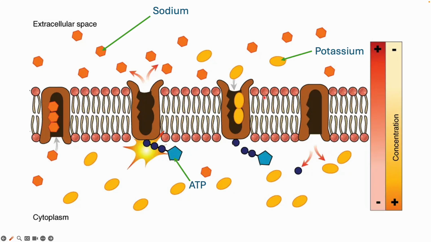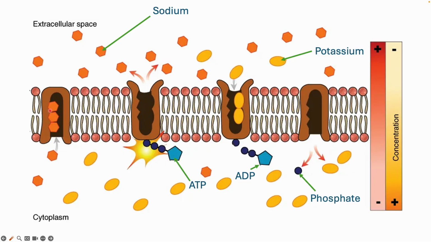The ATPase pump is going to utilize ATP. When it utilizes the ATP, it's going to hydrolyze it into ADP, and this in turn will release an inorganic phosphate. Notice that the channel is going to be open to sodium binding on the inside of the membrane.